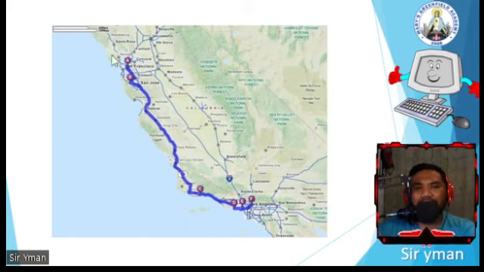And they sent the message from here going to Stanford. So this is Stanford. And it's about 300 plus miles away, and it's like a 5 hours travel if you're going to travel by vehicle.